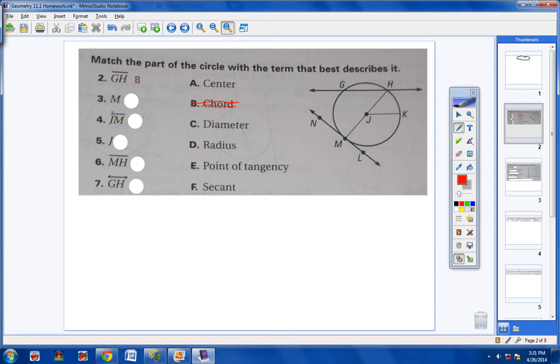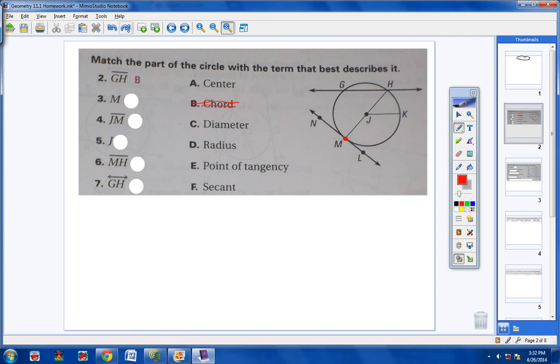Okay, now we're looking at point M. Here's M. See this line right here, NL, that's passing through this point right here.